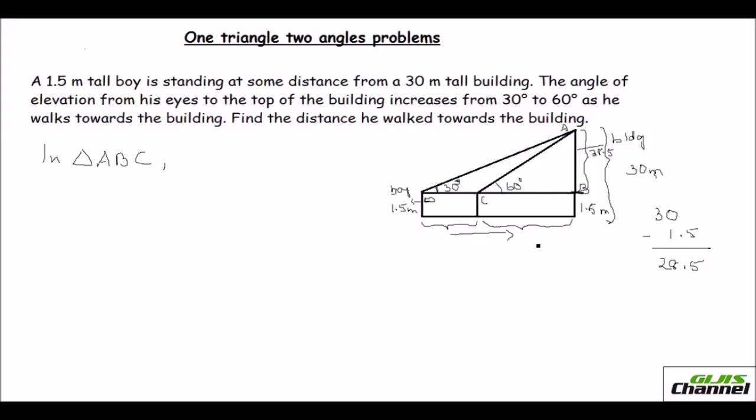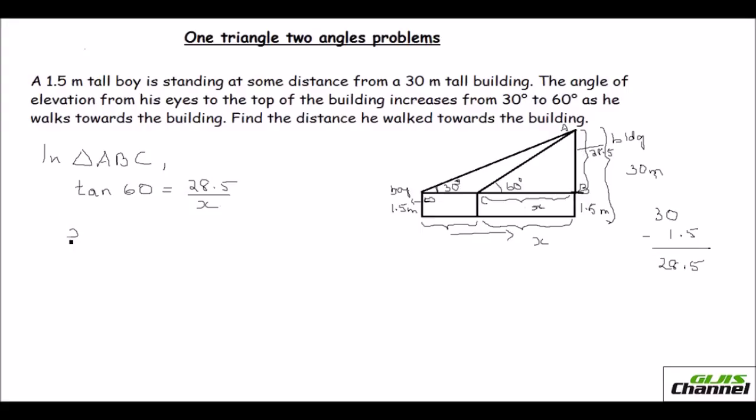I just take it as x for the time being. So this is the adjacent side and the other one is the opposite side. So I take it as tan. So my tan 60 equals 28.5 over x, right?